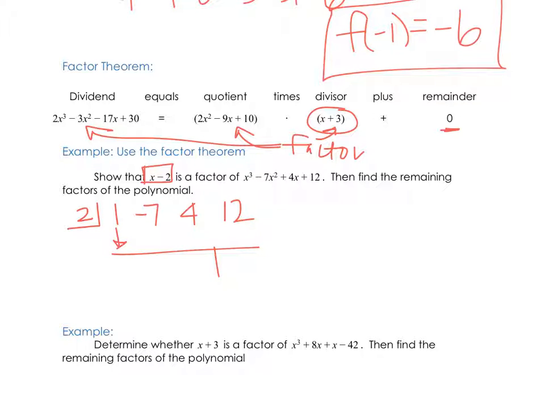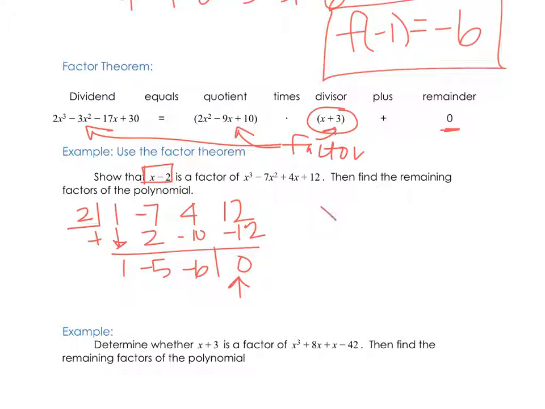Bring down the 1. 2 times 1 is 2. -7 plus 2 is -5. 2 times -5 is -10. 4 and -10 is -6. 2 times -6 is -12. And so that gives us a remainder of 0. So x minus 2 is indeed a factor because we have 0 remainder.